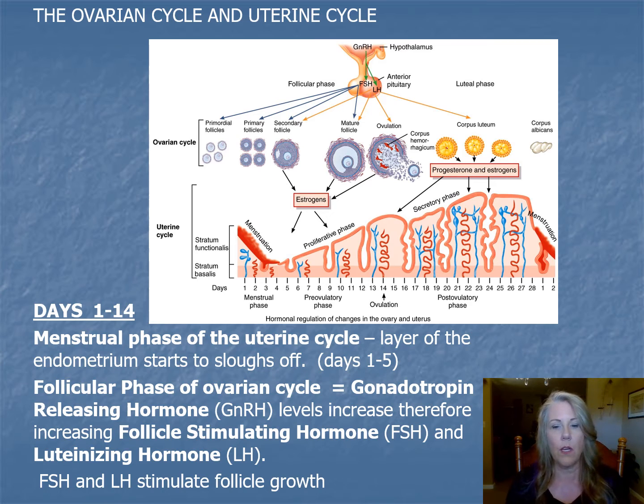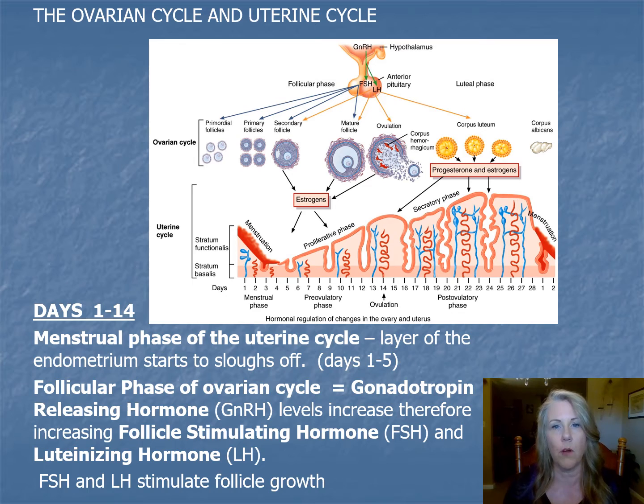Gonadotropin releasing hormone is a hormone that is being released from the hypothalamus. The levels are increasing, therefore increasing the follicle stimulating hormone and luteinizing hormone. If gonadotropin releasing hormone is high, it's going to stimulate the pituitary, and the pituitary is going to release follicle stimulating hormone and luteinizing hormone.